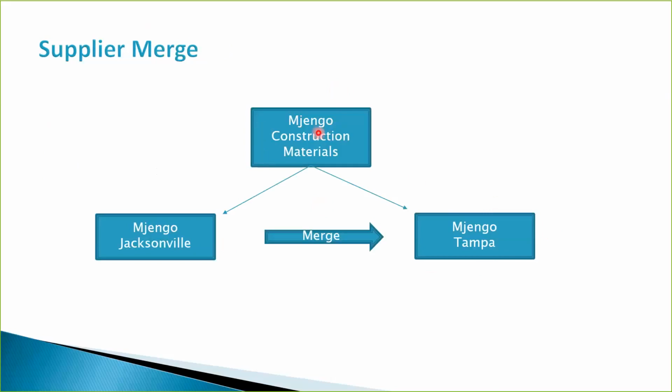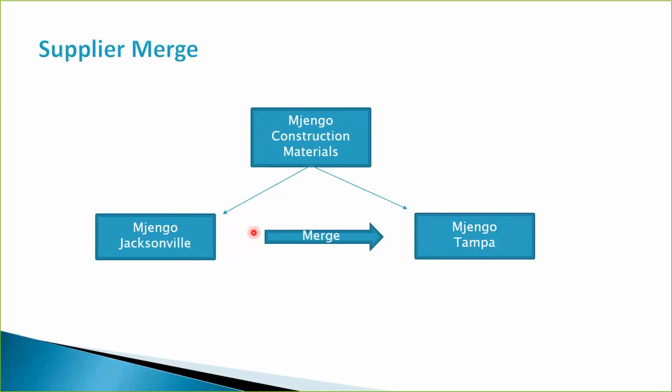If you do a supplier merge, you can merge the Mjengo Jacksonville site to the Tampa site. Maybe this one is being closed down, and so this one is taking over all the business of the one in Jacksonville.